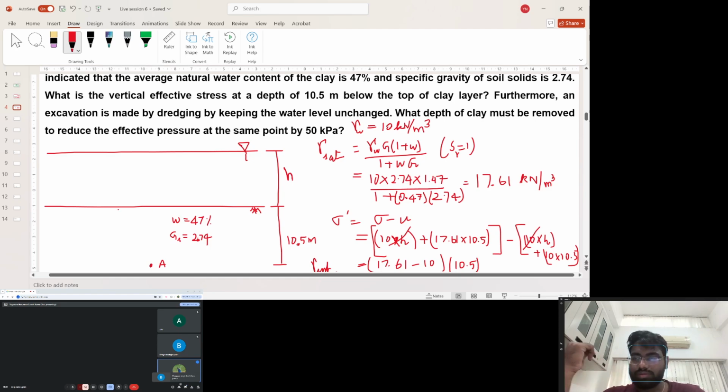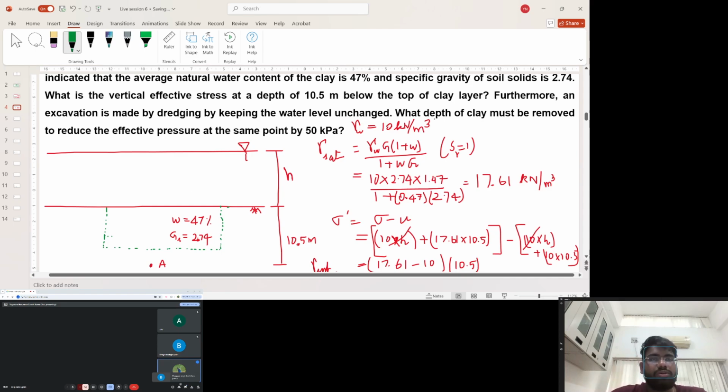If I change the color here, some excavation is occurring to some depth, but there is no water column.